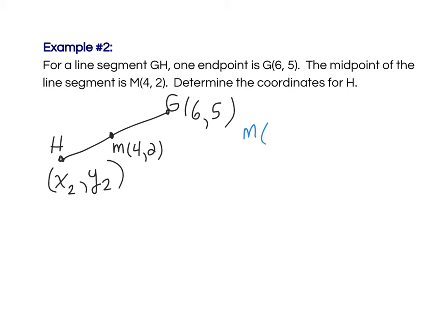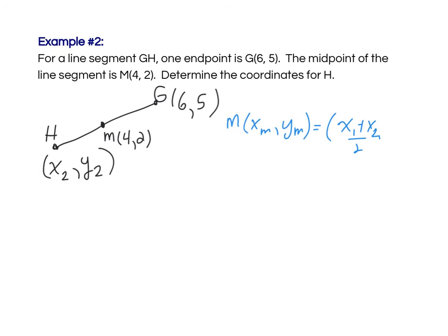So the midpoint I know is xm, ym is equal to x1 plus x2 divided by 2, and y1 plus y2 divided by 2, right? And so let's see which pieces of this puzzle that I actually have. Well, I have my midpoint, so that means I have this information.